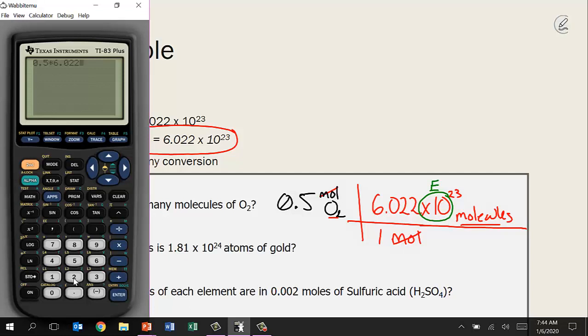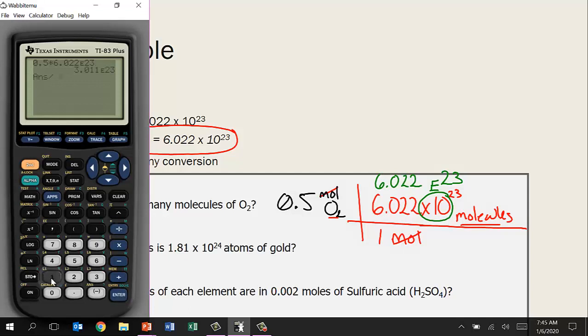So on your calculator, if I want a mole, if I want Avogadro's number of something, 6 sextillion, I want it to say 6.022 E23. To get that E, you hit the second button and then the comma, which is just above the 7. And that E takes the place of your whole times 10 caret nonsense. So 6.022 E23 is how you can express Avogadro's number, or a mole, in your calculator.